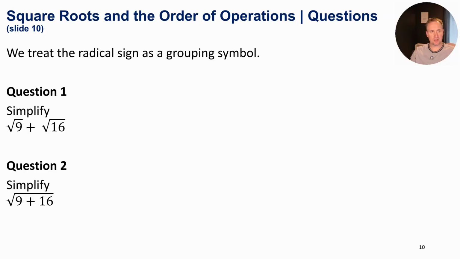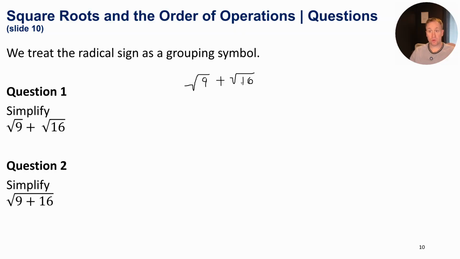Now let's look at a series of questions that asks us to use square roots and the order of operations. Key thing to note here is we treat the radical sign as another grouping symbol, meaning we have to solve under the radical sign before we do anything else. So question 1, we have the square root of 9 plus the square root of 16 here.